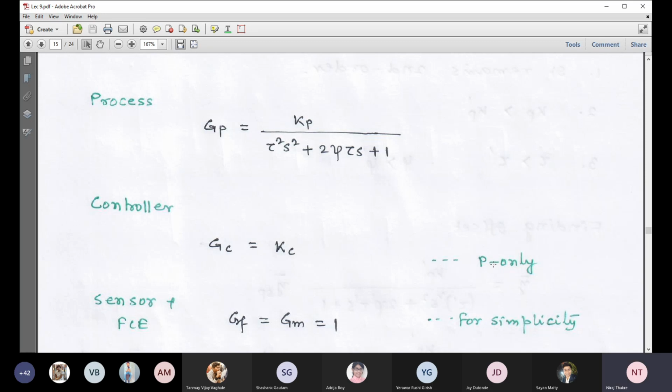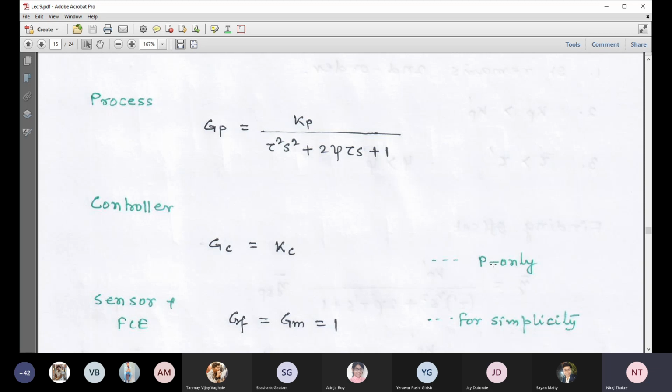We are again considering GF and GM, both equal to 1, just for simplicity. Now we have all four transfer functions. GD we don't need for the servo case.